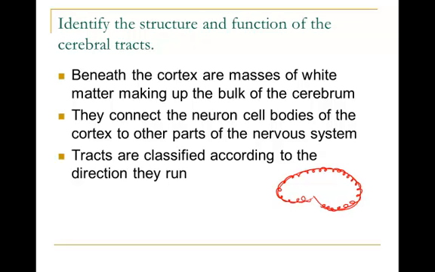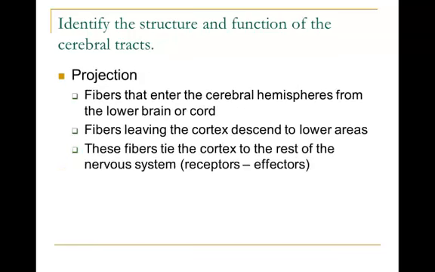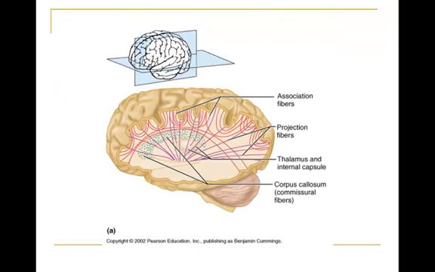So we have a number of tracks inside the CNS, and I'm just going to go to this picture here. We have what we call commissural tracks, and that's our corpus callosum. It connects our right side to our left side and allows both hemispheres to function as a whole.